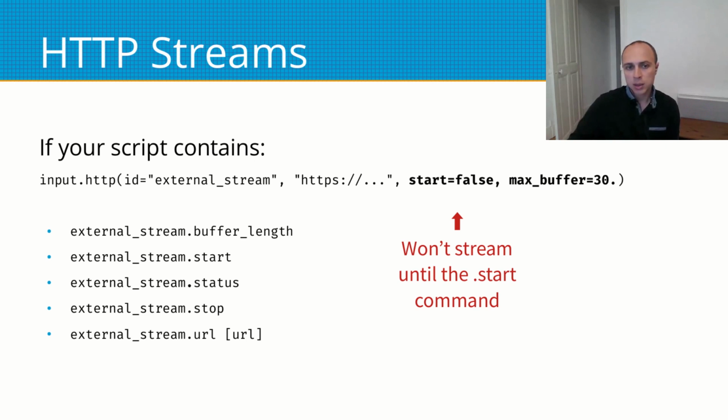And I also set the input to not start with the script, so that when the script starts, the HTTP input doesn't move until I pass the command start with the scheduler, and stop at the end when I don't want it anymore. And what's useful with this setting is that I can also change dynamically the URL of the input. If at some point I want to listen to another radio, you can just set the URL, stop at the end, and this works really nice.